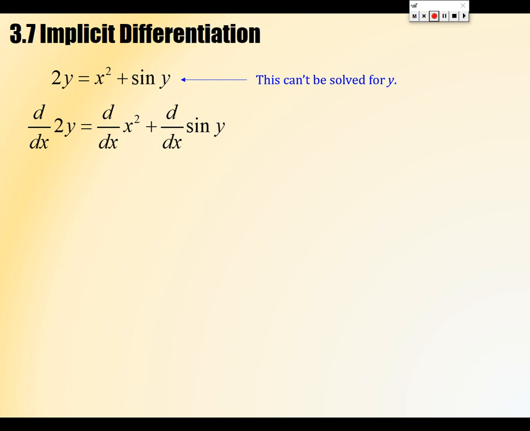X squared is not that interesting. We've been there, we've taken a derivative of that before with respect to x. What's the derivative of 2y with respect to x? It doesn't have to be a product rule necessarily. It's just like if you were taking a derivative of 2 sine x, what would you do? It'd just be 2 cosine x, right? So what do we get here?